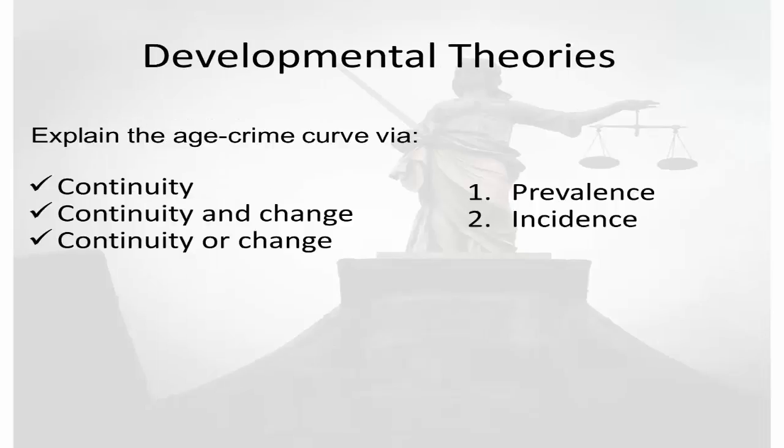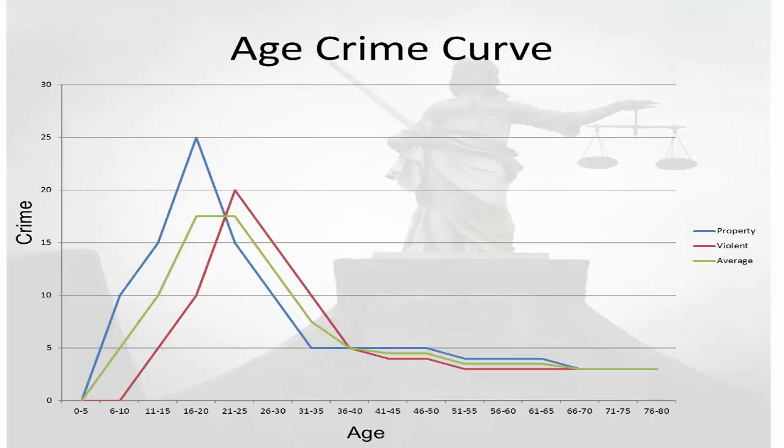So there are 3 types of criminological theories that fall within developmental theory. Some criminological theories argue in continuity of offending. So if you go back to the age crime curve, they would argue that individuals, as you can see, it never gets to 0, they never stop offending.